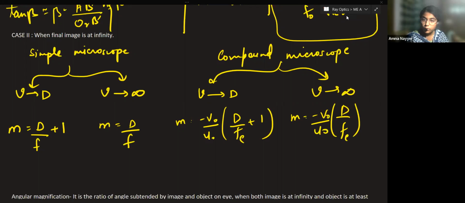For compound microscope, at least distance of distinct vision, just multiply minus v naught by u naught in front of whatever you have written for simple microscope. You had D by f plus 1. So multiply minus v naught by u naught, D by f e plus 1. For the compound microscope at infinity, minus v naught by u naught multiplied with D by f e only. All right, this is the way to remember it and learn it.